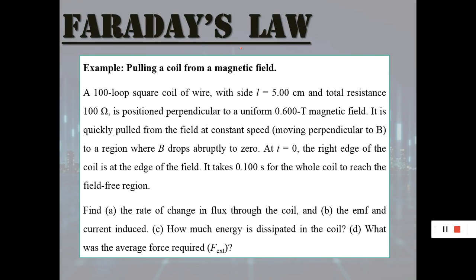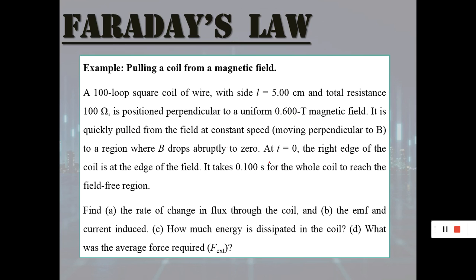One example: pulling a coil from a magnetic field. A 100 loop square coil of wire with side L 5 cm and total resistance 100 ohm is positioned perpendicular to a uniform 0.6 Tesla magnetic field. It is quickly pulled from the field at constant speed, moving perpendicular to B, to a region where B drops abruptly to 0.